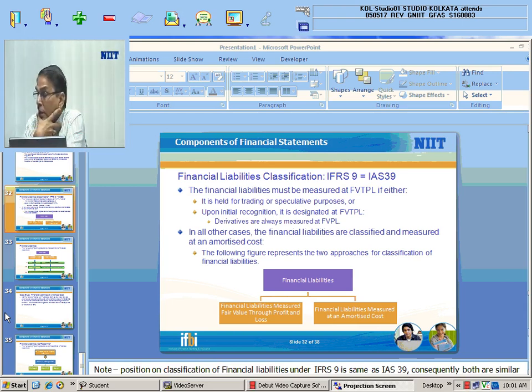Derivatives, remember, should always be measured at FVTPL. In all other cases, the financial liabilities are classified and measured at amortized cost. The 2 approaches for classification of financial liabilities therefore are financial liabilities measured at fair value through profit and loss.